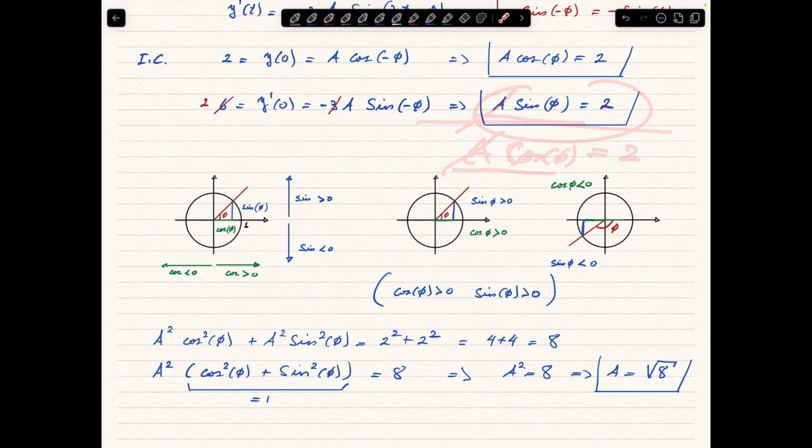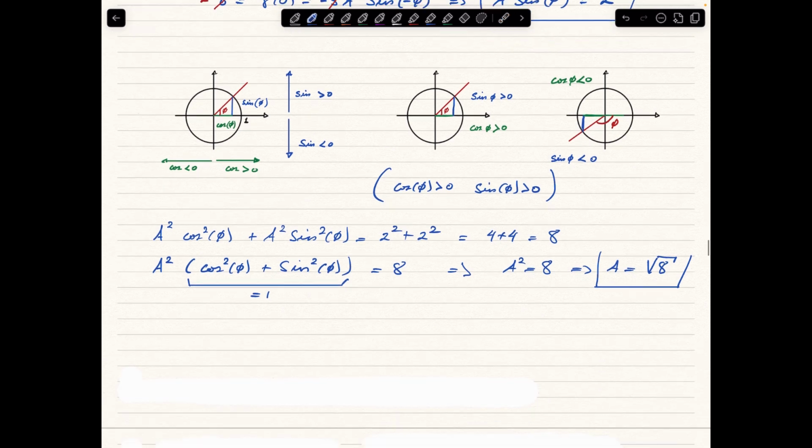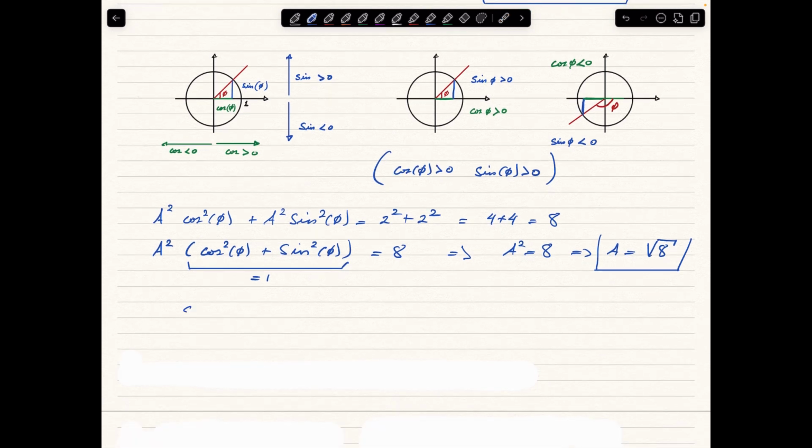The amplitudes are going to go away, and we are going to end up with sine of phi divided by the cosine of phi. This has to be equal 2 over 2, which by the way is 1. But sine over cosine is the tangent. So the equation is that the tangent of the phase shift, so there is no A anymore, has to be equal 1.